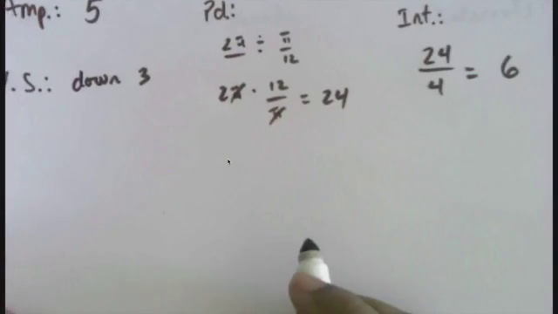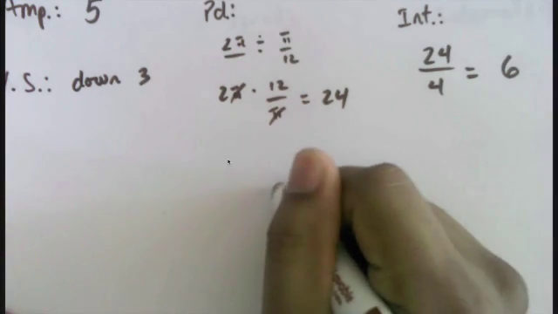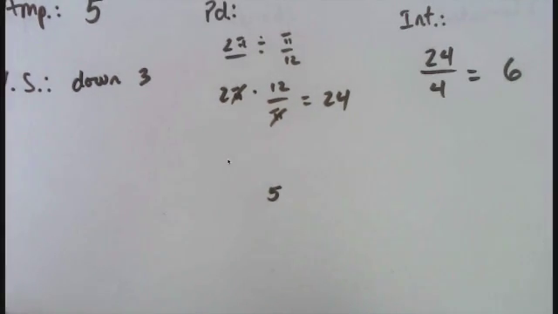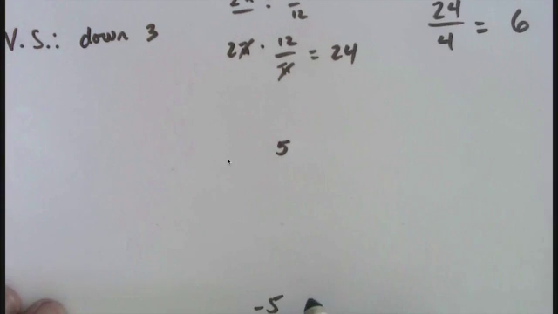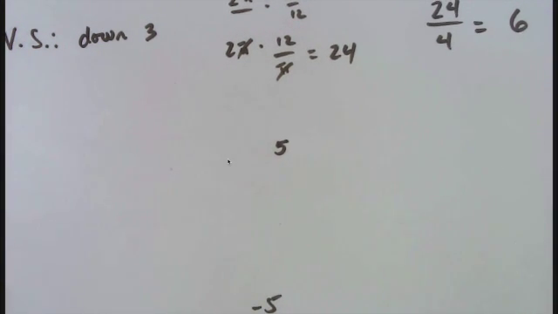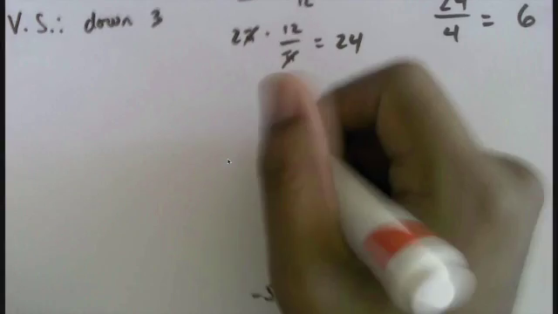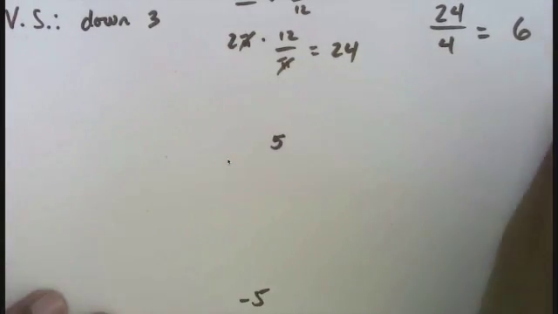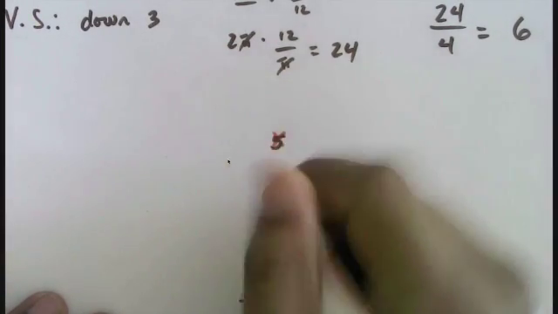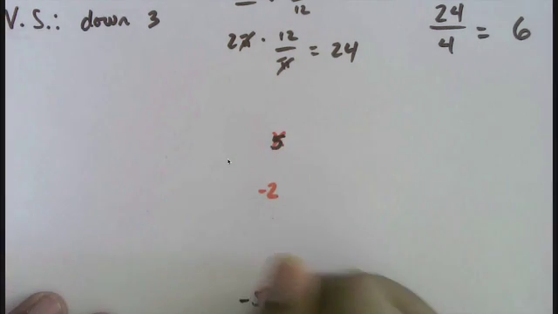Okay, for the graphing part, it would usually be 5 to negative 5, but because we have to go down 3, my range is not going to be from negative 5 to 5. Going down 3 will be at negative 2. Going down 3 here will be at negative 8.